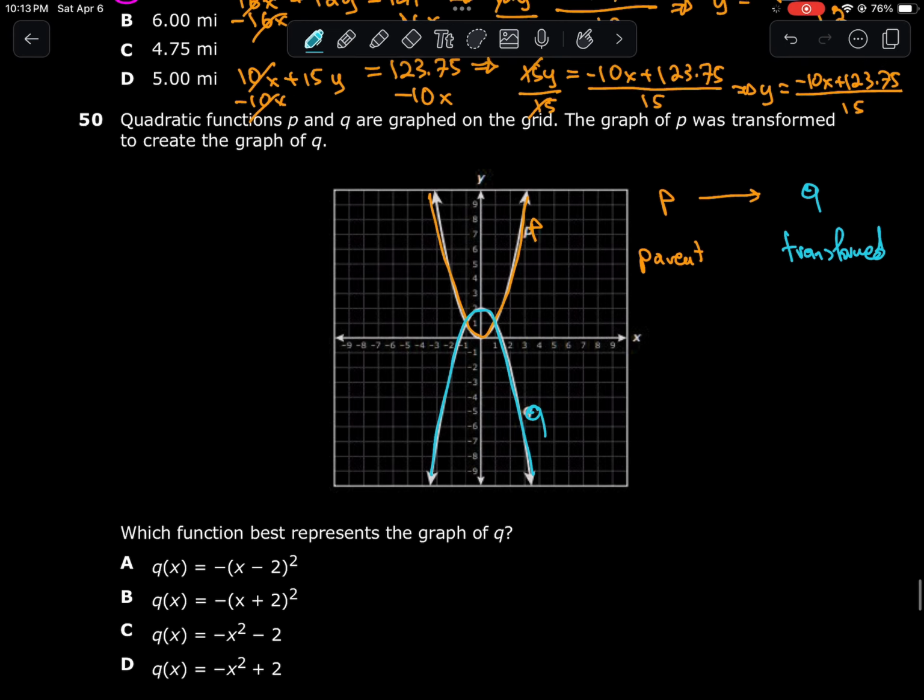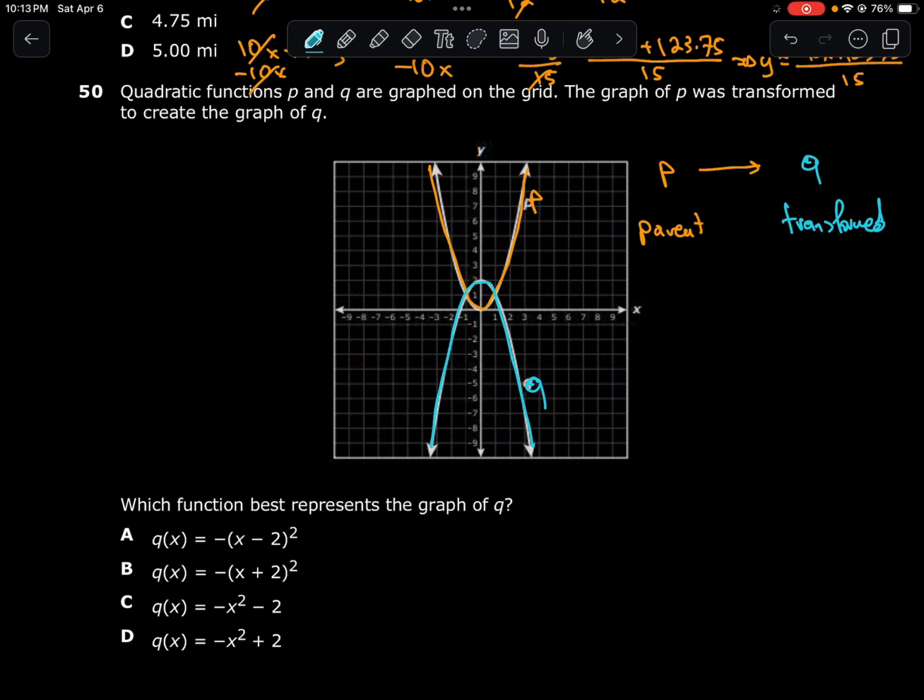Here we can try to figure out how it's going to be without even looking at the options. If we know a little bit about transformations, and we know that the parent quadratic, it says quadratic, so the parent quadratic is the simplest quadratic, y equals x squared.